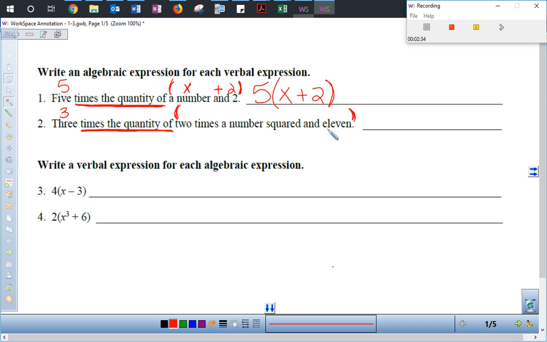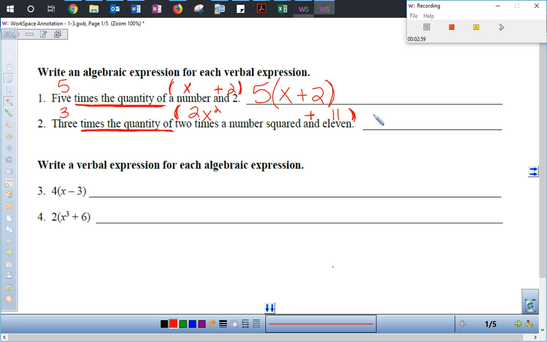So in parentheses, we're going to have 2 times a number squared and 11. First of all, we have the number 2, and 2 is going to be multiplied by a number squared. I don't know what that number is, so that's going to be a variable, squared, and which represents plus 11.